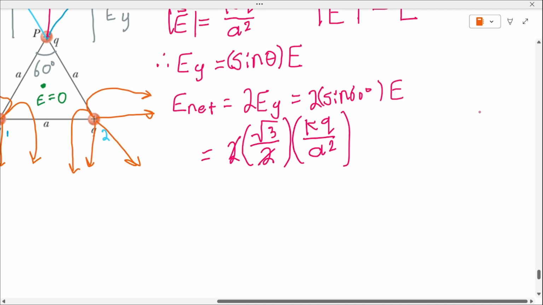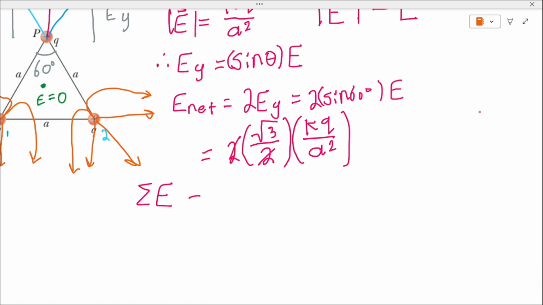So as our final answer, the net electric field is equal to root 3 KQ over A squared, or roughly 1.7 KQ over A squared.